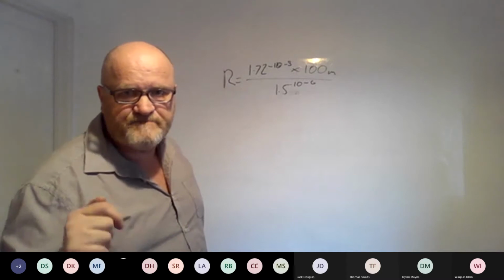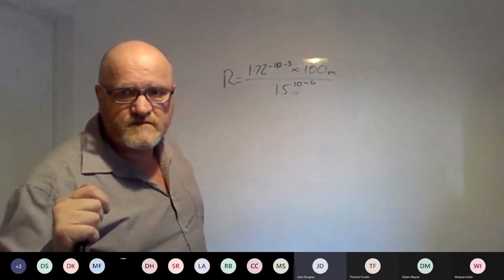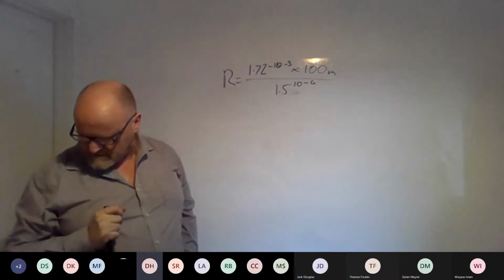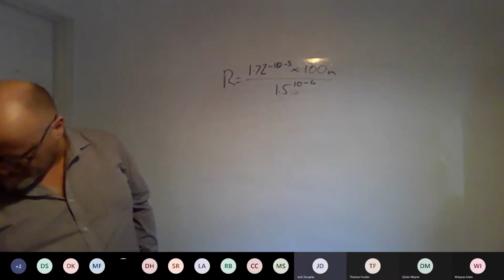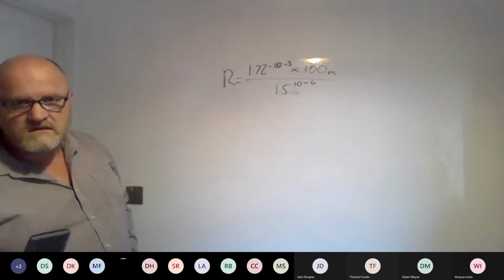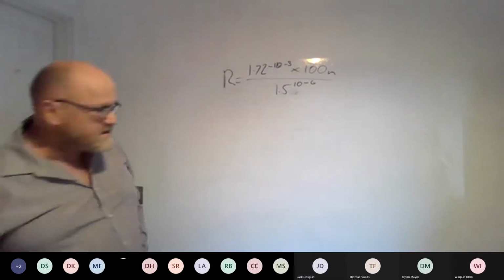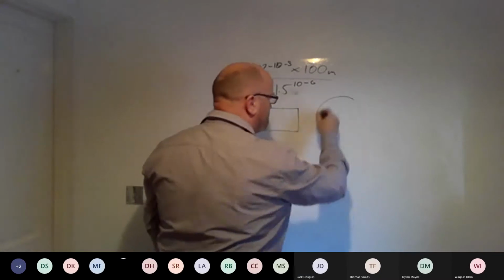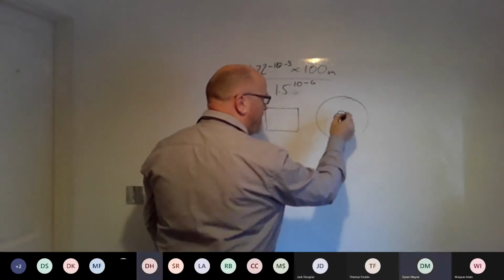What was the number you just worked out in your calculators, guys? Resistance. And what was the number? 1.146?